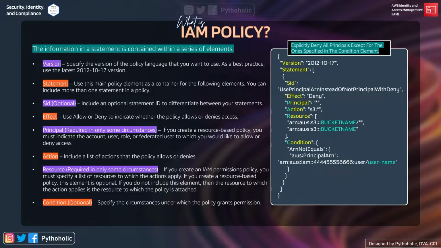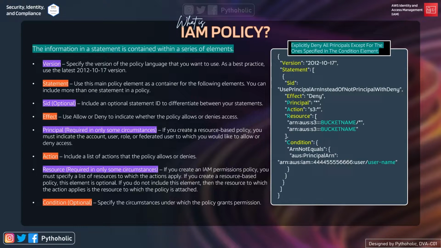So I am the principal, you are the resource, the effect will be allow, and the action will be punch. If these four conditions are satisfied, that policy will allow me to punch you, because I am the principal who is making the request, you are the resource on which we are going to punch, the action will be punch and the effect will be allow. If the effect is deny, then I cannot punch you.